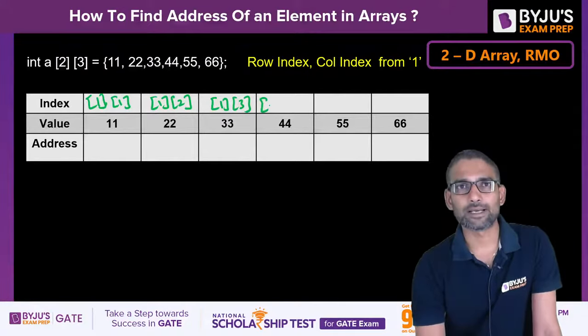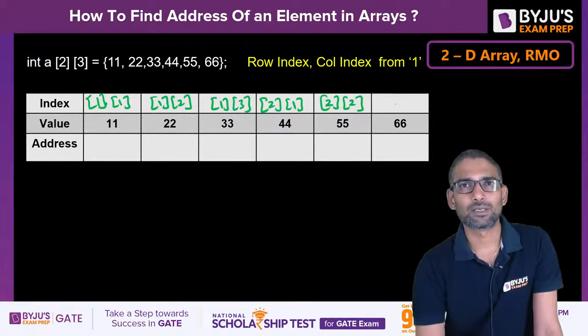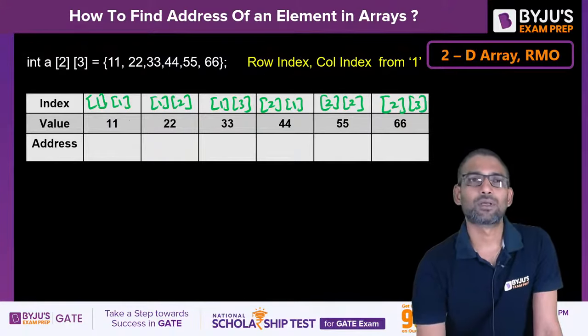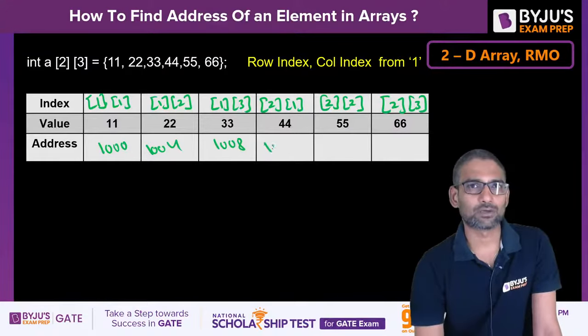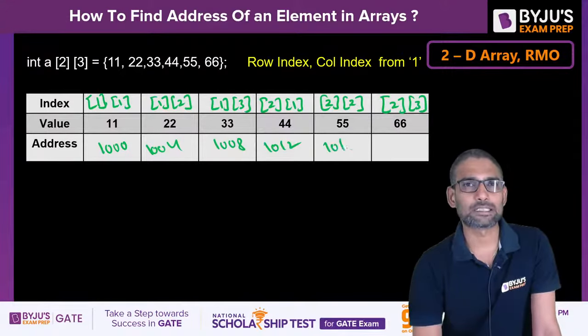Similarly, second row, first column, second row, second column, second row, third column. Addresses are the same: 1000, 1004, 1008, 1012, 1016, 1020.